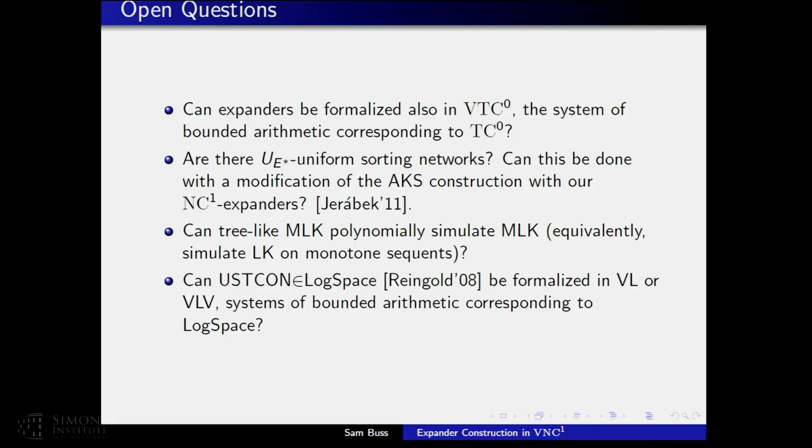In particular, can the monotone LK system polynomially simulate the LK system with an alternating log time construction of the simulation? Another open question is, do we really need the full power of NC1? Would TC0 be enough? Can we define expander graphs using just TC0 uniform methods instead of NC1 uniform methods? The technical question is, can the tree-like MLK simulate MLK? That's an open question.